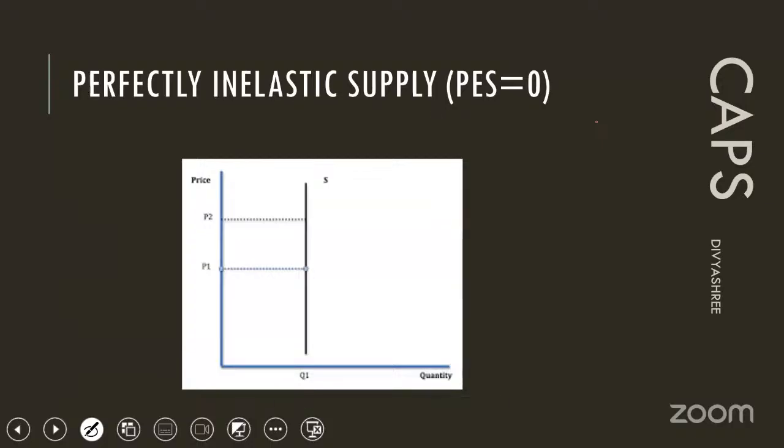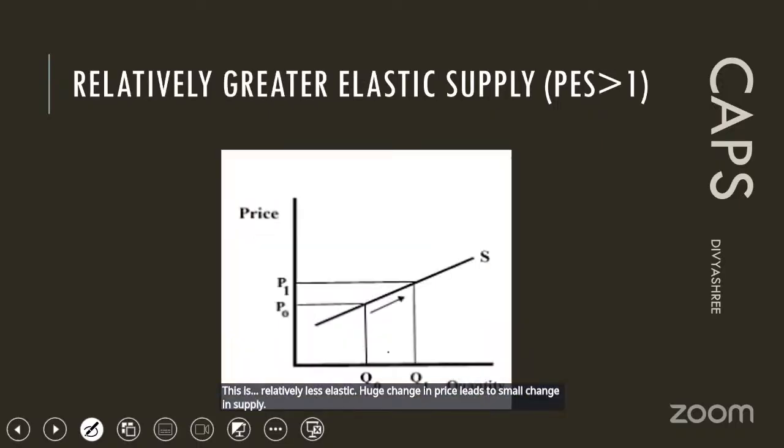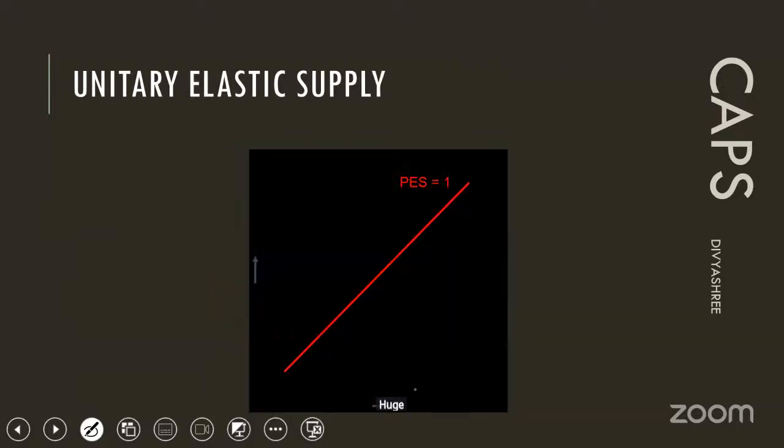See, this is inelastic supply. This is relatively less elastic: huge change in price leads to small change in supply. Relatively greater elastic: small change in price leads to huge change in supply.